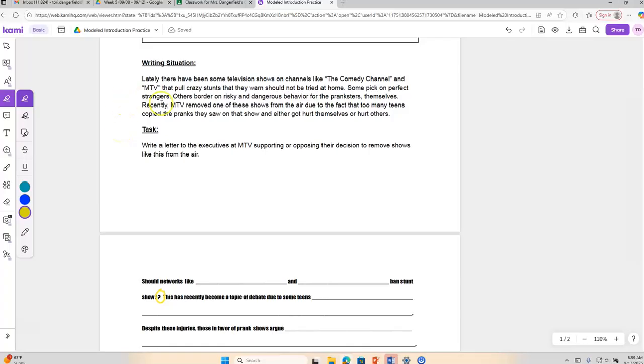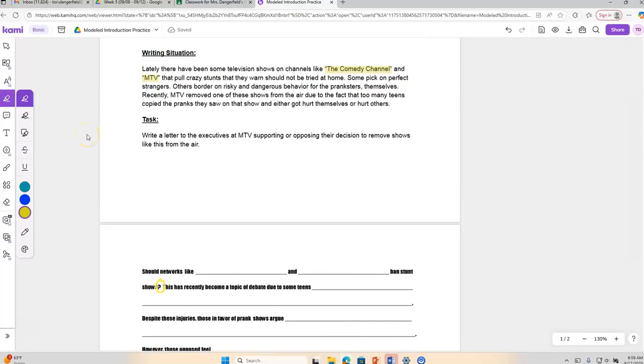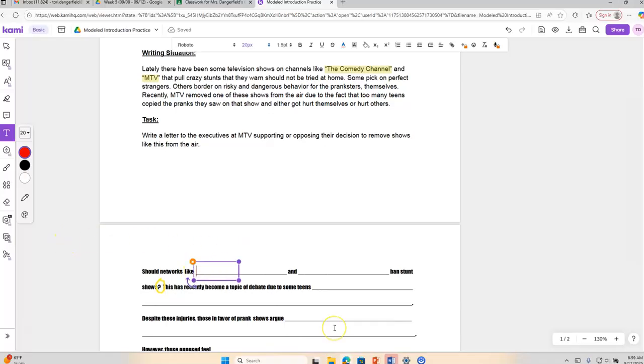So if we look at the very first sentence of the prompt, it says, lately there have been some television shows on channels like the Comedy Channel and MTV that pull crazy stunts that they warn should not be tried at home. So all we're going to do, guys, is take the Comedy Channel and fill it in on our first blank, and we're going to take MTV and fill it in on our second blank.